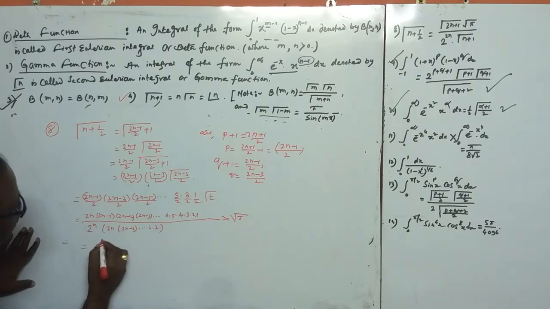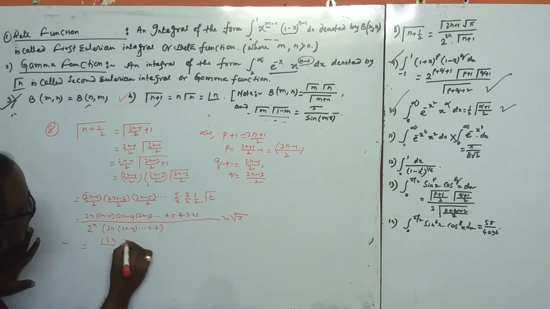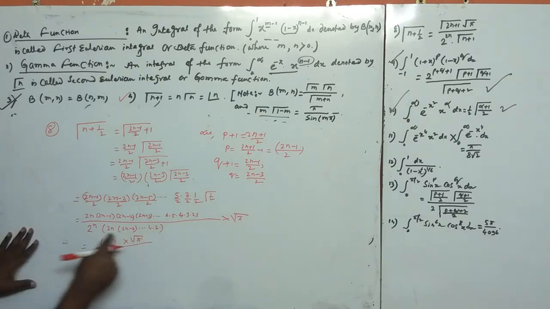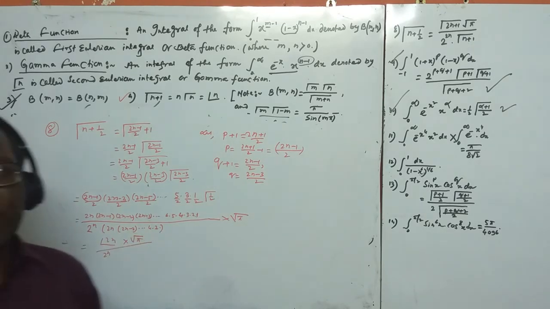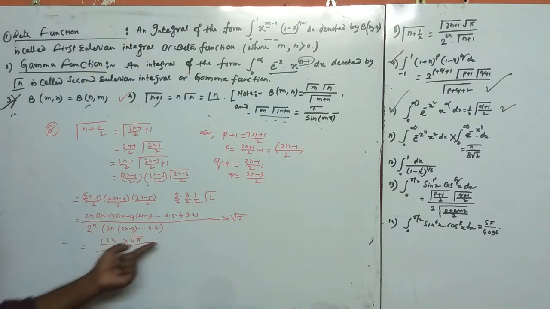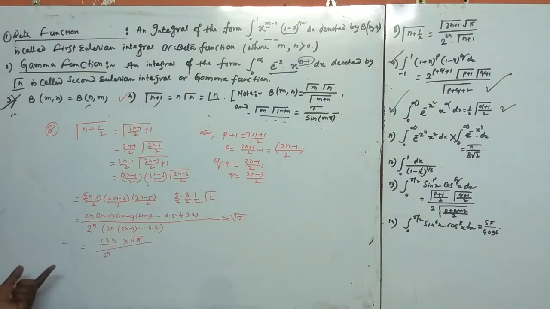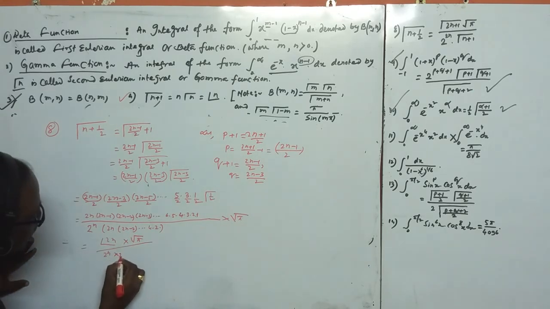Now this is factorial 2n, with root pi, and 2 to the power n, and this is the even factor; the number of even factors is n. Each and every factor we can take a 2 out of, then the number of 2s is n, and their product is 2 to the power n.